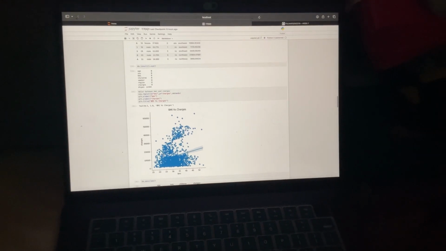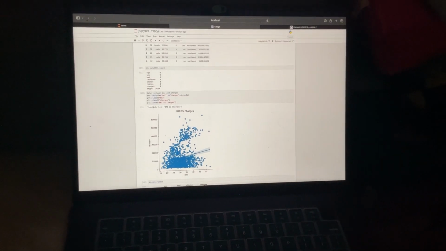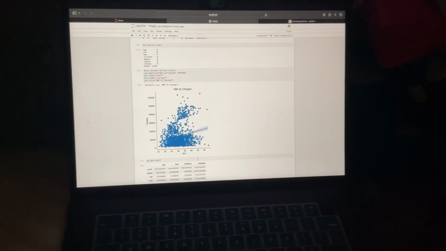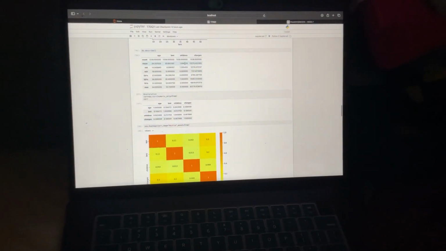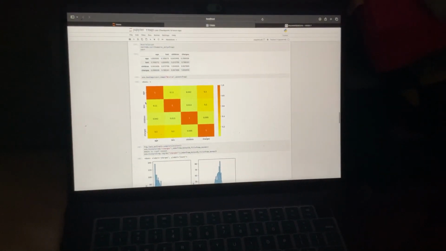Right here is an lmplot, a plot between BMI and charges, showing each person. Then the description: age, BMI, children and charges, with count, mean, standard deviation, min, 25%, 50%, 75%, and max. The correlation uses just age, BMI, children, and charges, and this is the correlation heat map.